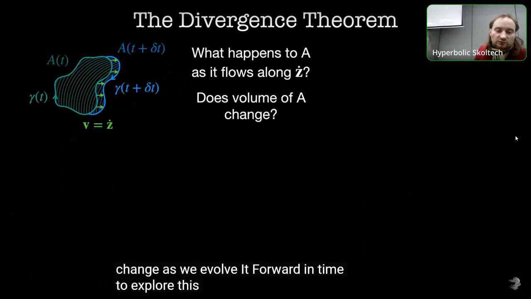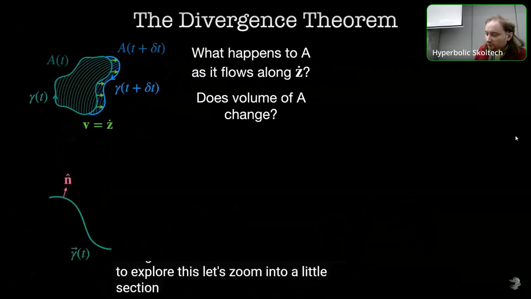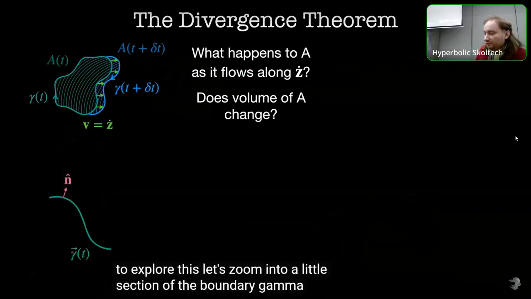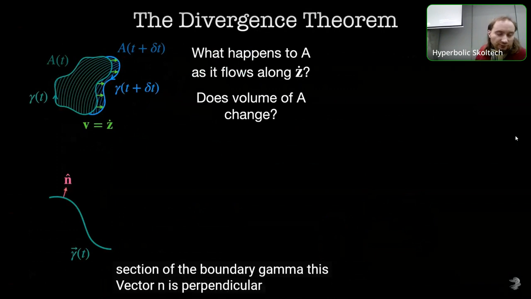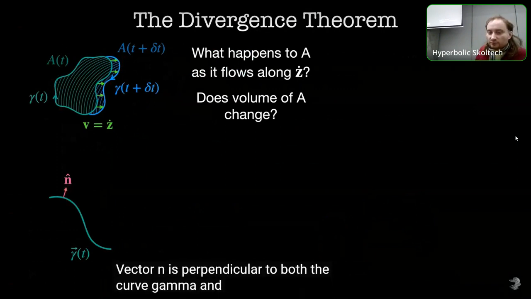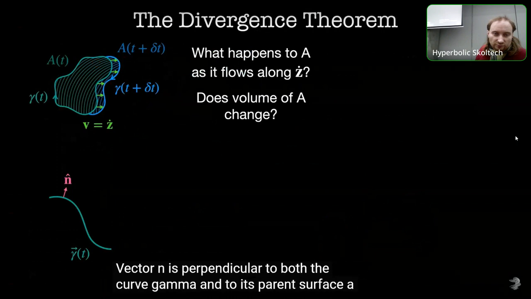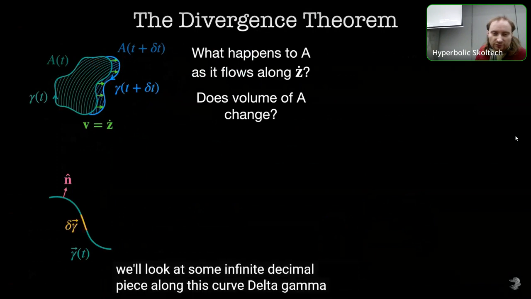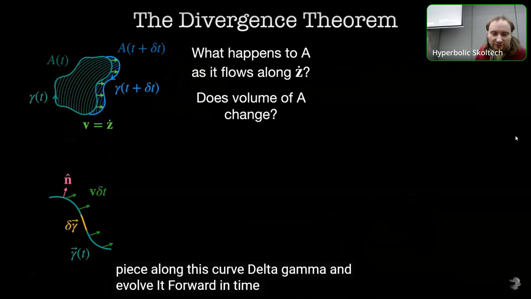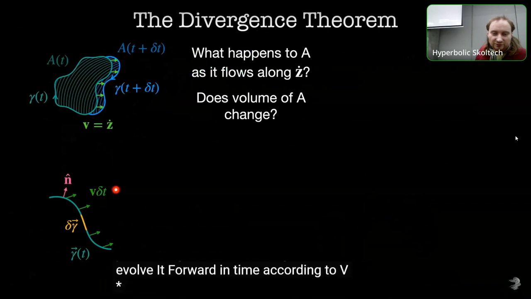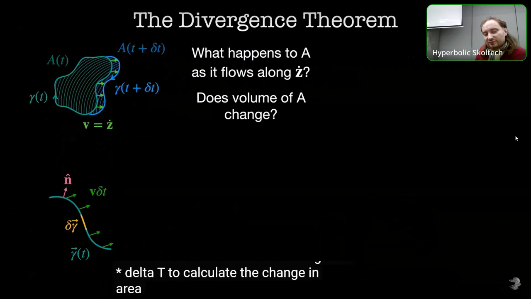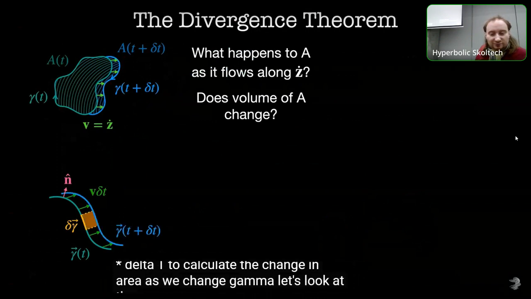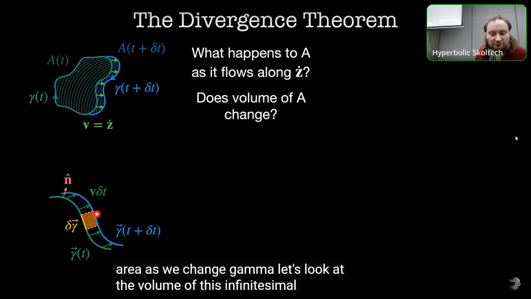To explore this, let's zoom into a little section of the boundary gamma. This vector n is perpendicular to both the curve gamma and to its parent surface A. We'll look at some infinitesimal piece along this curve, delta gamma, and evolve it forward in time according to V times delta t. To calculate the change in area as we change gamma, let's look at the volume of this infinitesimal area element.